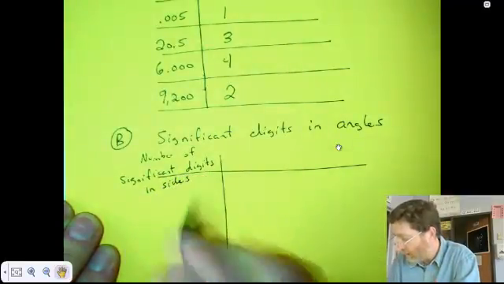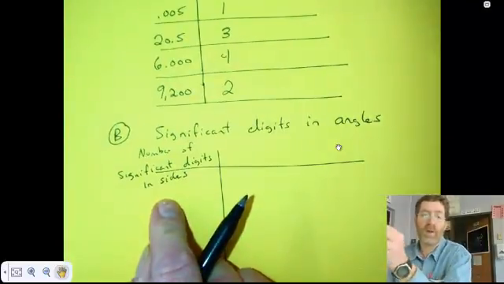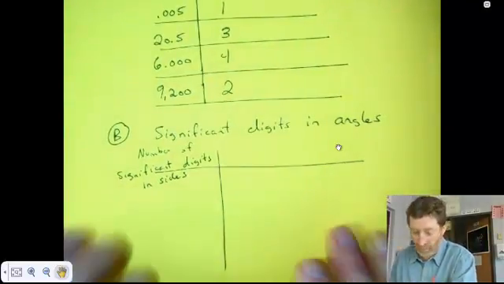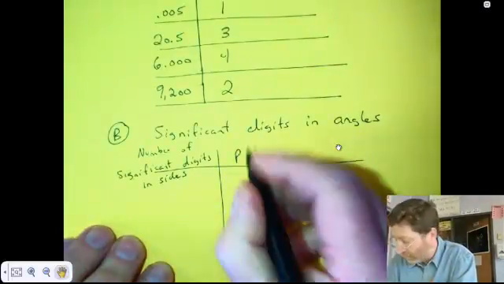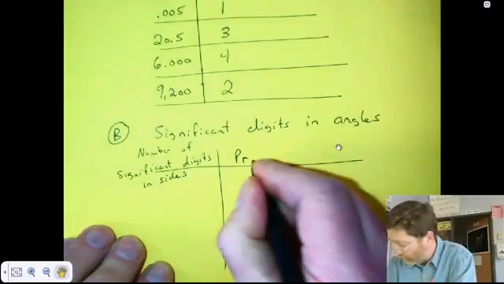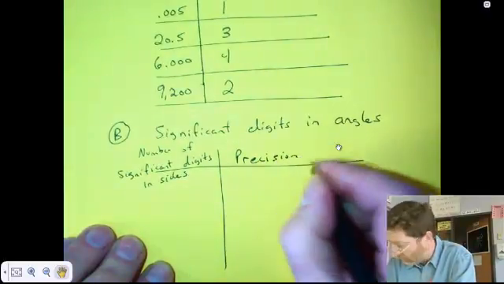Okay, so in the sides of the triangle, how many significant digits we have in there. And then this column is the precision of the angles, how many we're going to keep in the angles when we find the angles. Because we'll be finding in this section both the side length and the angles.